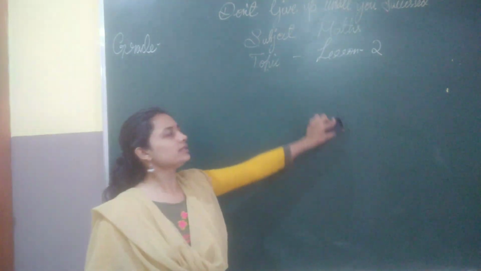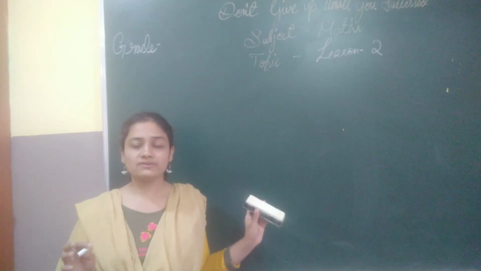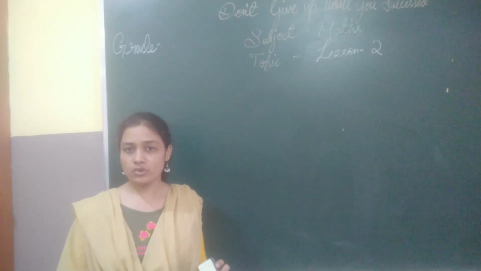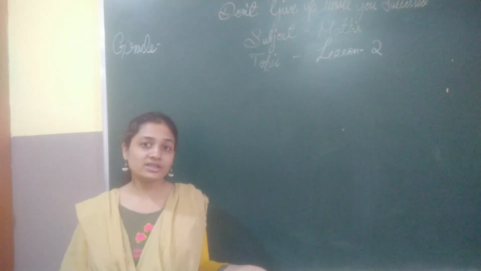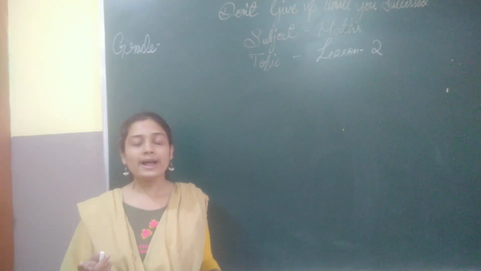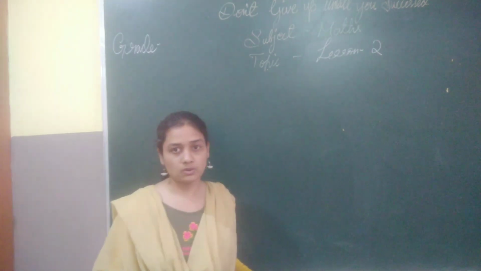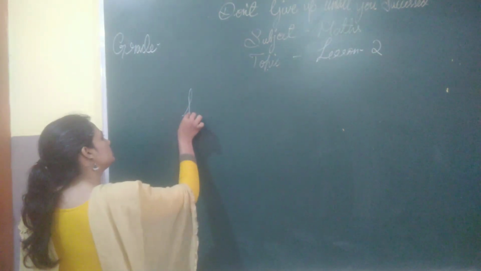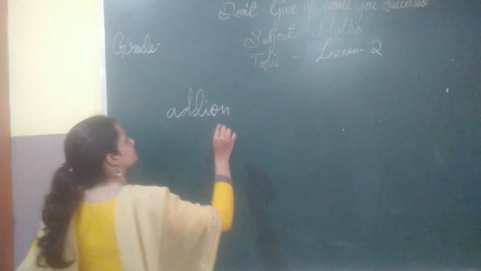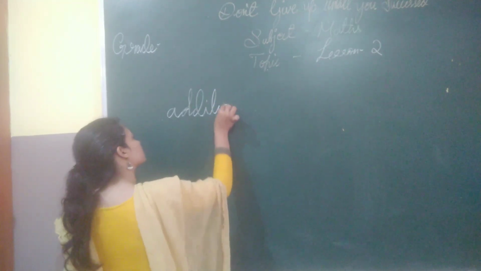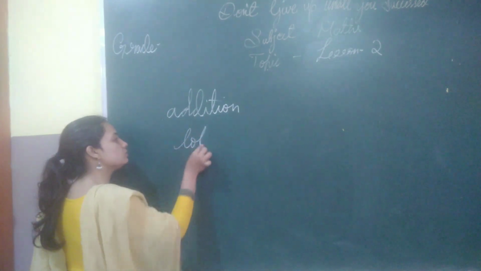So now you saw the number is increasing, number is decreasing, but it was small numbers, so you can identify easily. What if you have a very big number? That time you can't keep on thinking whether it is increasing or decreasing. So I'll tell you some keywords for finding whether it is an addition problem or subtraction problem. For addition problems, you will have keywords like total.